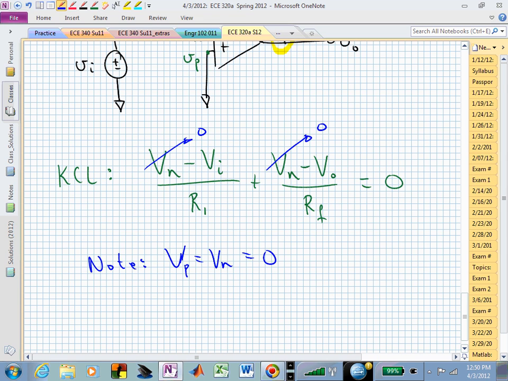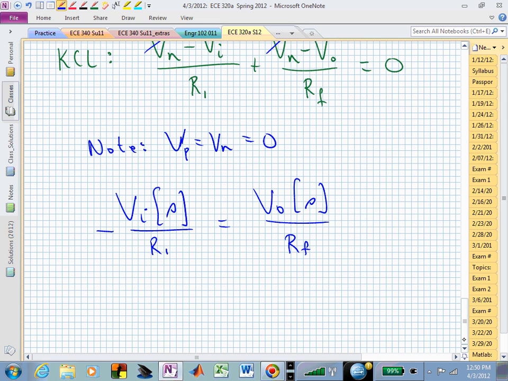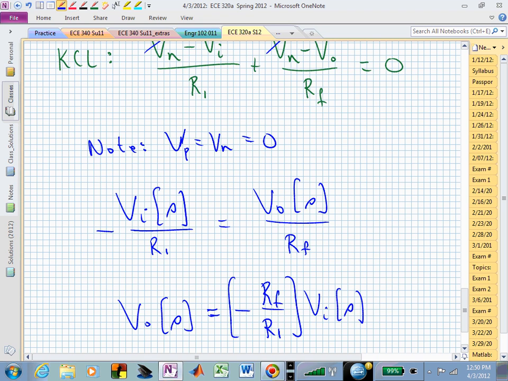The others are constant resistor values, and we can solve those, or we now have this V sub I of S over R sub 1, and I could say that's still the minus, is equal to V sub O of S over R sub F. And if I now solve that for the output voltage, giving me my transfer function, which is this scaling or negative gain.